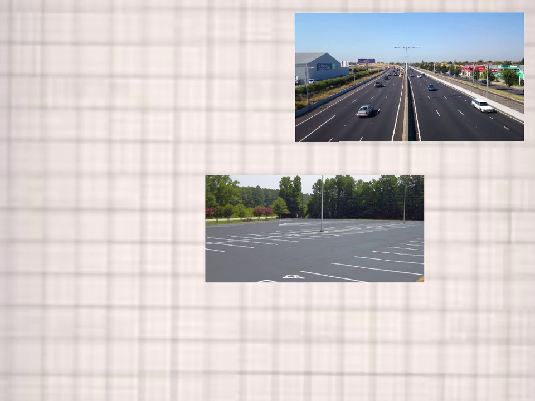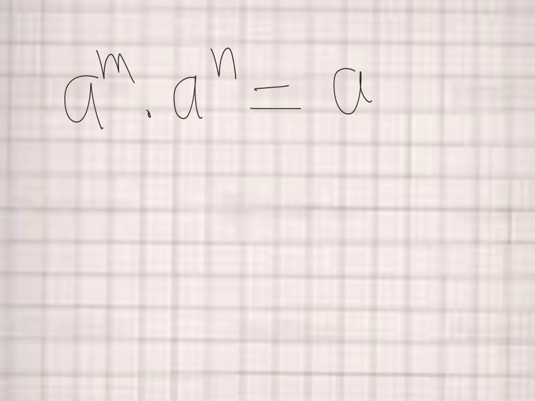Okay, follow closely, please. It's not easy to understand what a to the power m times a to the power n is. So I'm going to try something that is easier. Instead of using variables, I'm going to use numbers.